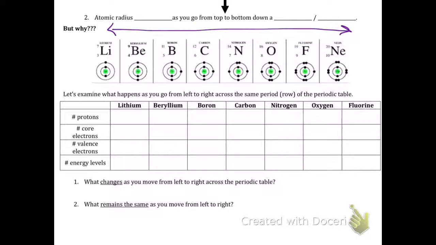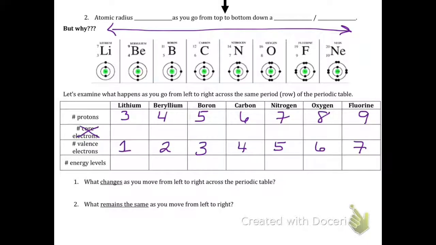Lithium has 3 protons, beryllium has 4, boron has 5, carbon has 6, nitrogen has 7, oxygen 8, fluorine 9. We're going to skip the core electrons. Lithium is in the very first column, so it has 1 valence electron. Beryllium has 2, 3, 4, 5, 6, and fluorine has 7 valence electrons.